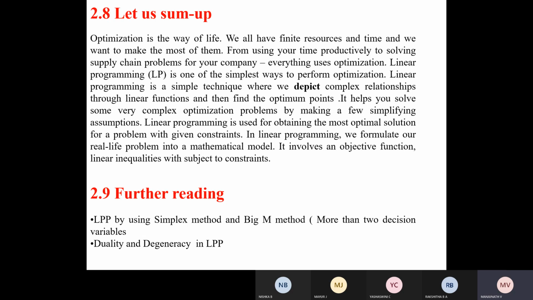Now can you brief me in 1 or 2 lines? Summary of this LPP. Can anyone? Nishka, Rakshita. Hello. Yes, sir. Tell me. 1 or 2 lines. Yeah, continue, Rakshita. Summary in 2 lines.